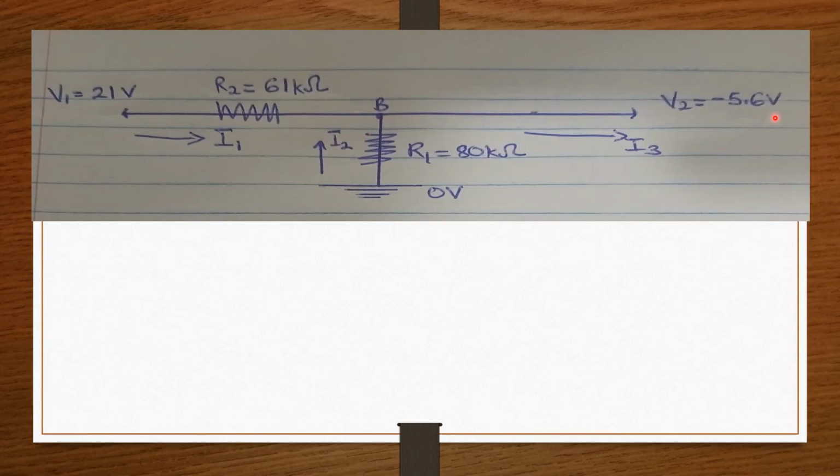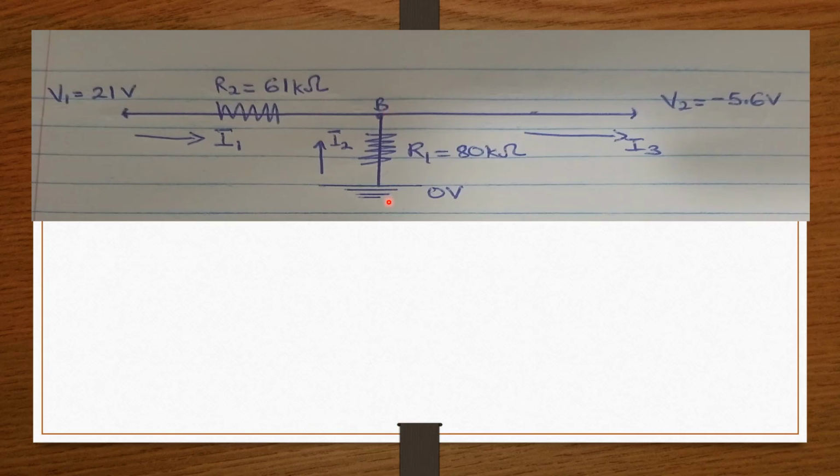Now, one thing you realize is that we have this earth voltage and this resistor R1 dividing the voltage V1 and V2. You can see it is dividing them into two. Anytime you have this happening and you want to find the voltage that is being divided at VB, you want to use the voltage divider theorem.